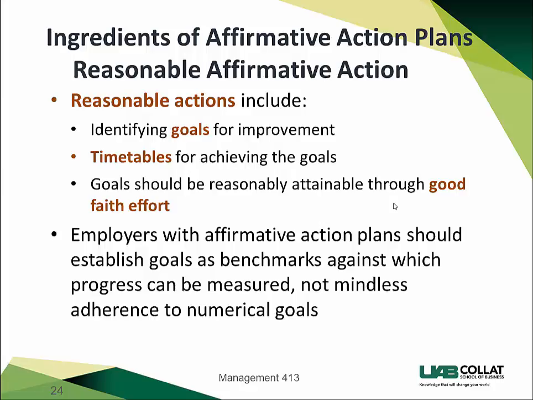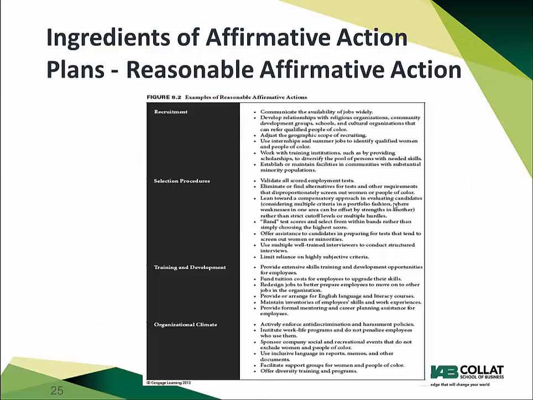Here are some actions that would be reasonable for you to take under a plan. Have goals, timetables. Here are some very specific things you might see in an affirmative action plan to try to increase the percentage of people in a protected class. Maybe get people earlier in their careers, such as in internships. Offer assistance to candidates in taking tests that seem to screen out the protected class you're trying to promote.